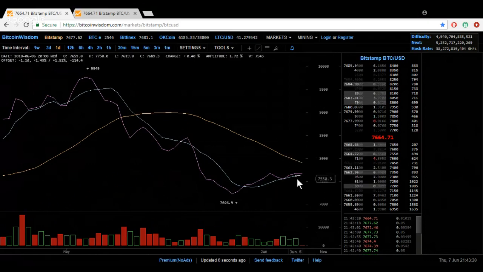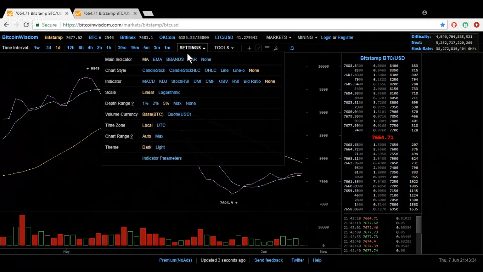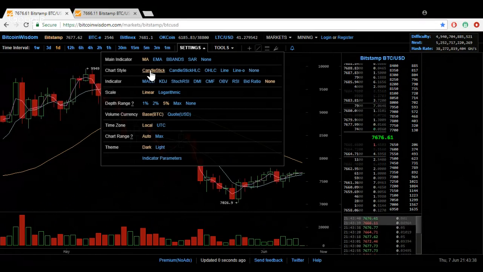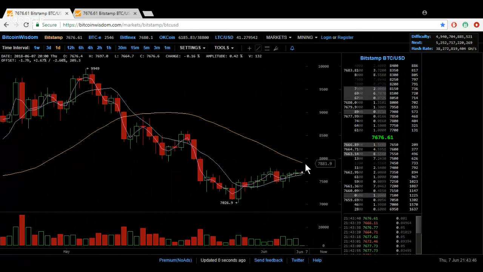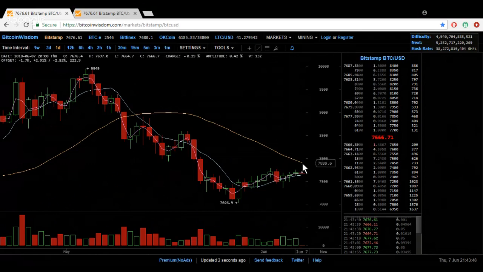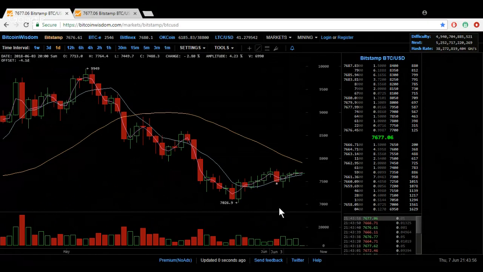And until these two lines can cut back through that, which they will not be able to do unless you get the price of Bitcoin moving above that line first. The price will be the first to get above the 30-day moving average, and then the intermediate and the short term will follow it.